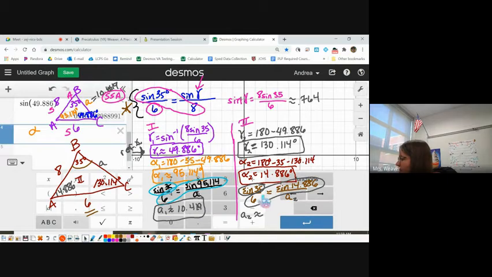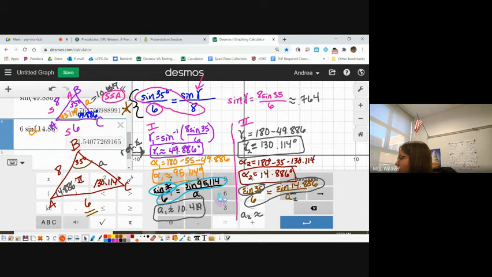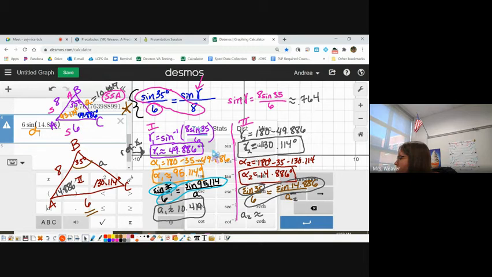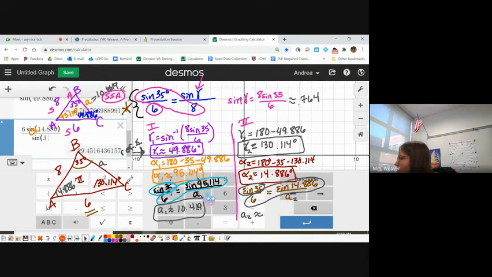That's going to be 6 sine 14.886. Close that parentheses. Remember, that's what I didn't do last time, and that's what messed my thing up. And then divide it by sine of 35.